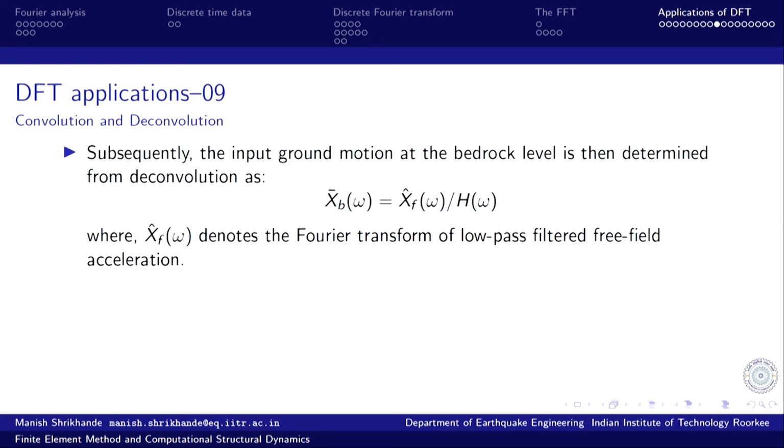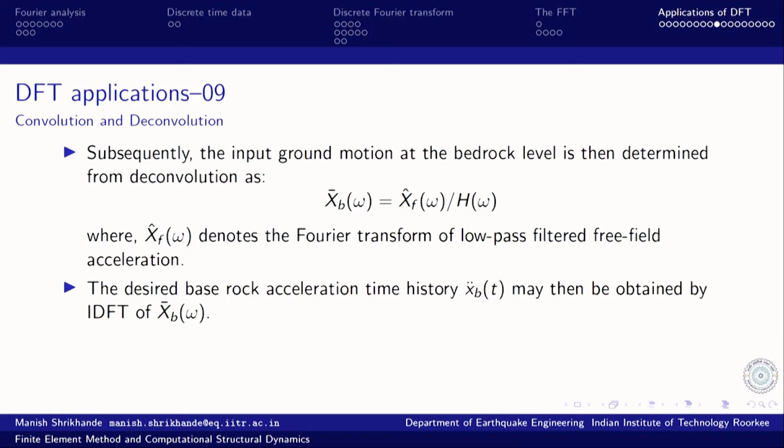Once we obtain the Fourier transform of the base acceleration, we convert it into the time domain by using the inverse discrete Fourier transform. So, the desired base rock acceleration time history x double dot b may then be obtained as the inverse discrete Fourier transform of X b omega.